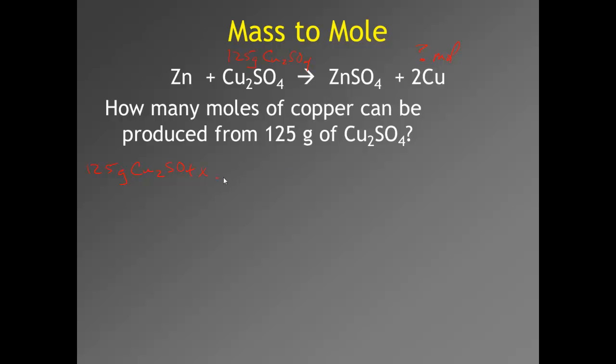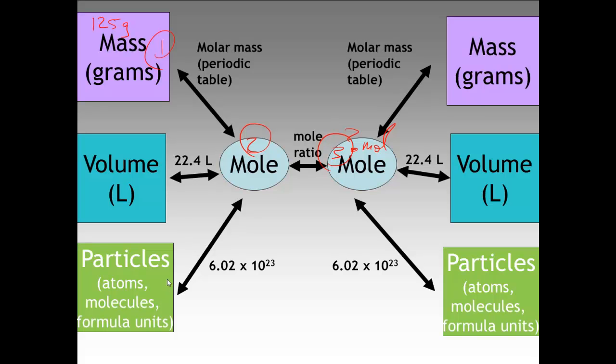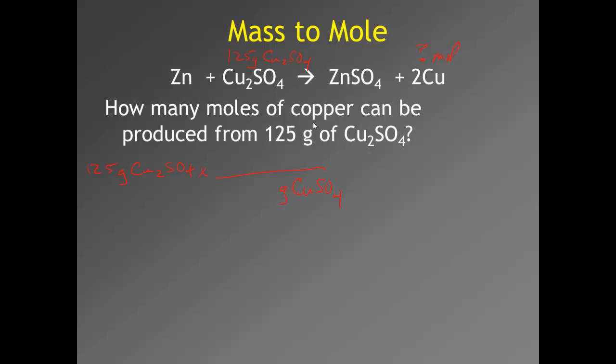Okay, and then diagonal down is going to be the same units, grams of Cu2SO4. The only place we can go from grams is moles. That's the only stop, from grams to moles, right there. So I change it to moles of the same chemical, Cu2SO4.